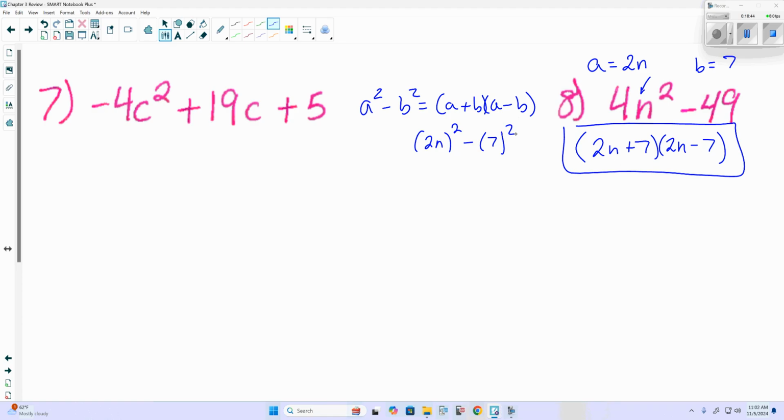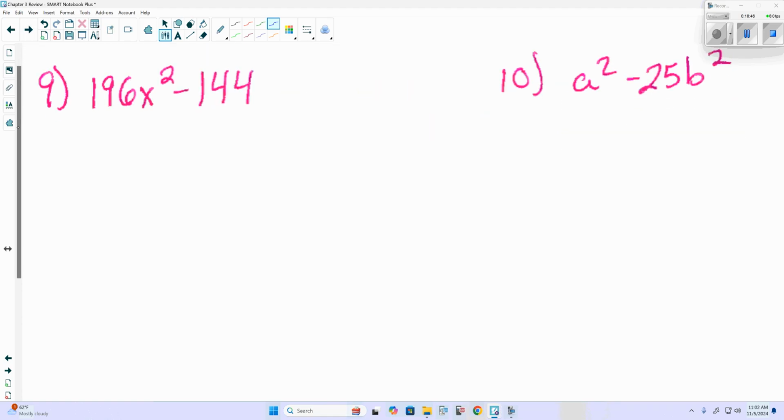Yeah. Because if we look at, say, 169x squared minus 144. What times itself is 169? Well, we could find that by just taking the square root of 196, not 169.